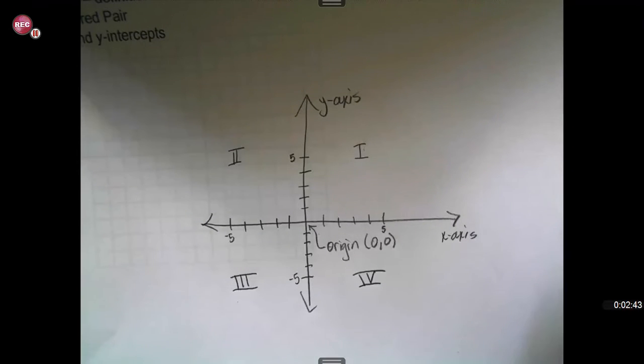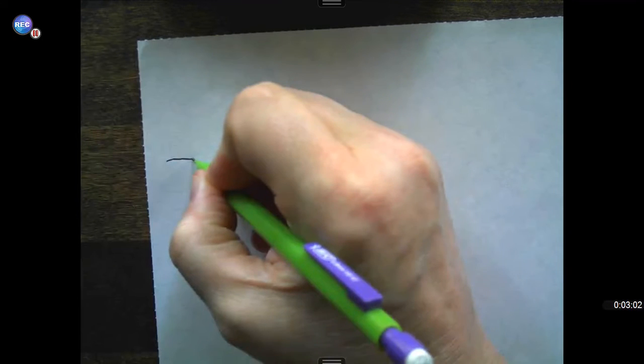And then one of the things we're interested in with lines is what we call their slope. Okay. So if I imagine, here's my car.